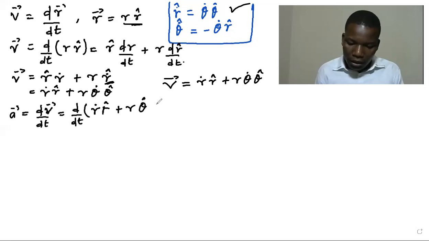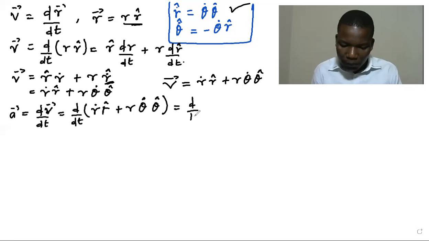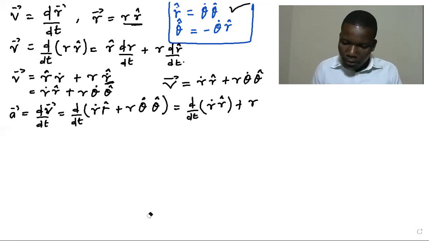We can distribute the operator, where we have change with respect to time, and then we have R dot plus, plus the change.